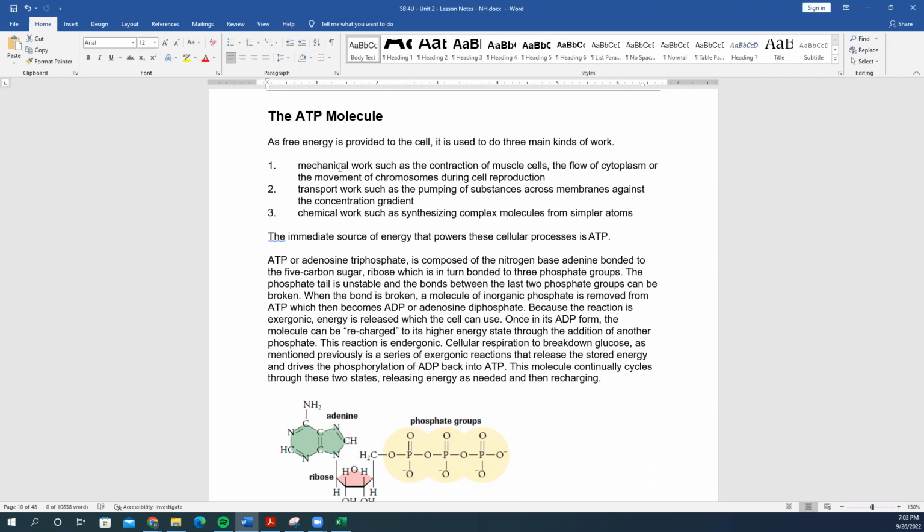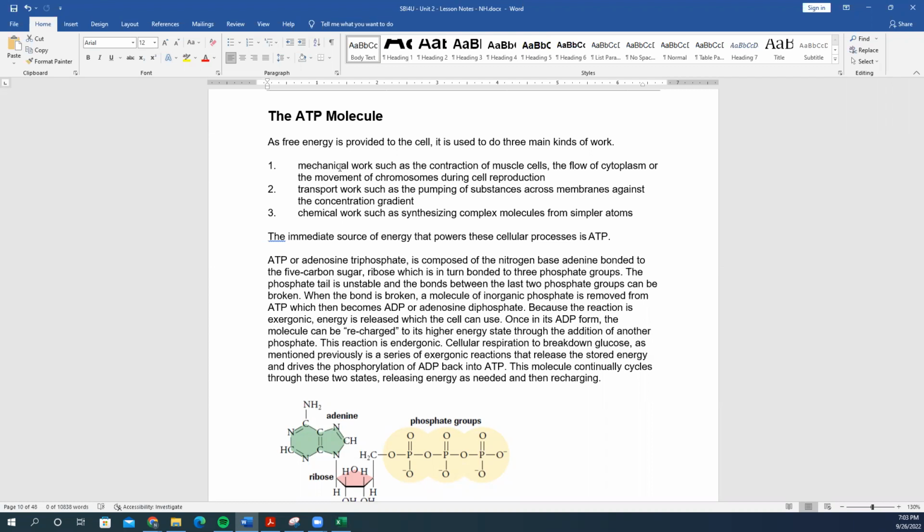Remember, when you have something moving down the concentration gradient, going from one side of the membrane to the other, from a position where there's lots of it on one side to the other side where there's not so much of it, that is a process that happens quite spontaneously and doesn't require any input of energy.